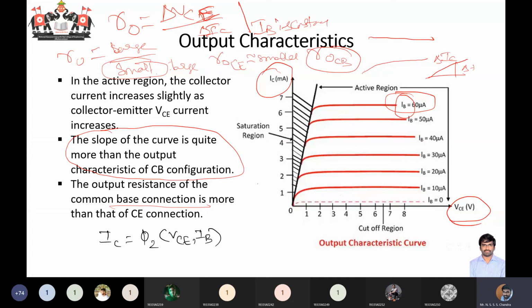So if you compare the output resistance of CB configuration with CE configuration, output resistance in CB will be higher than output resistance in CE. If you compare comparatively. But obviously even if you do not compare, your output resistance will be a large value. Okay.